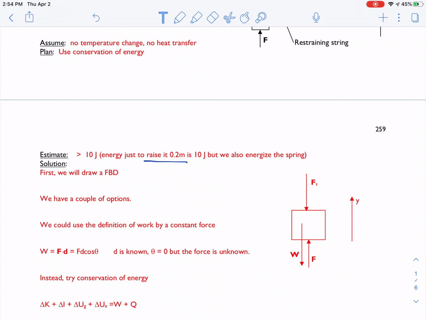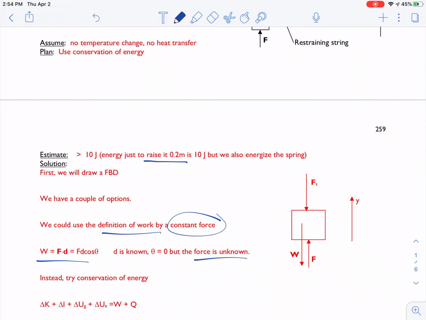And so again, you may think that using the work definition might be a way to go. First of all, we are not sure if it's a constant force. And if it was constant, then you could use F dot d, but we don't know F. Then that means we can't really use this equation.